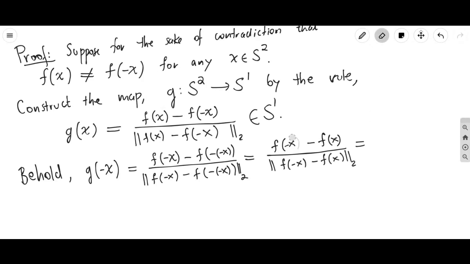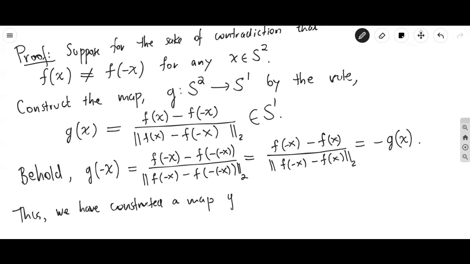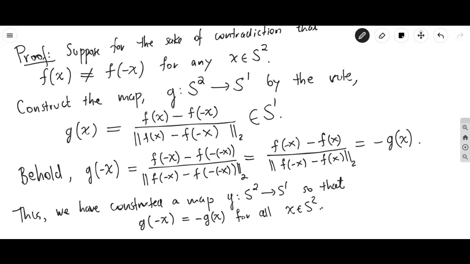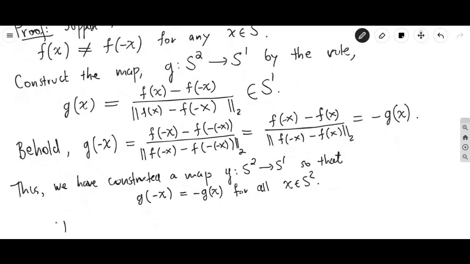But if you look at this, this is exactly G, but these are reversed. So this is negative G of x. Thus, we have constructed a map G from S2 to S1 so that G of negative x is equal to minus G of x for all x on S2. Why is this a problem?